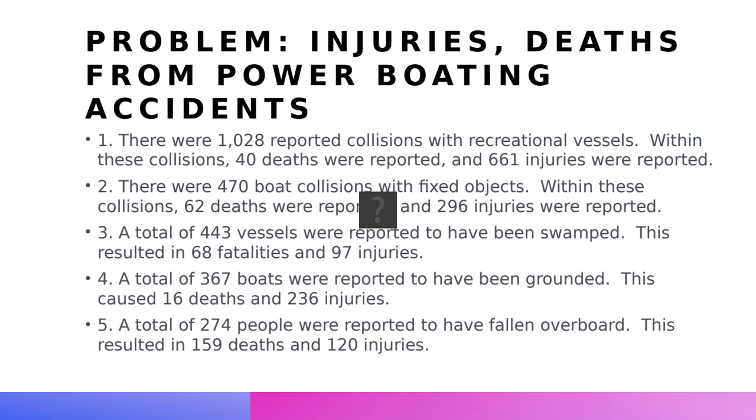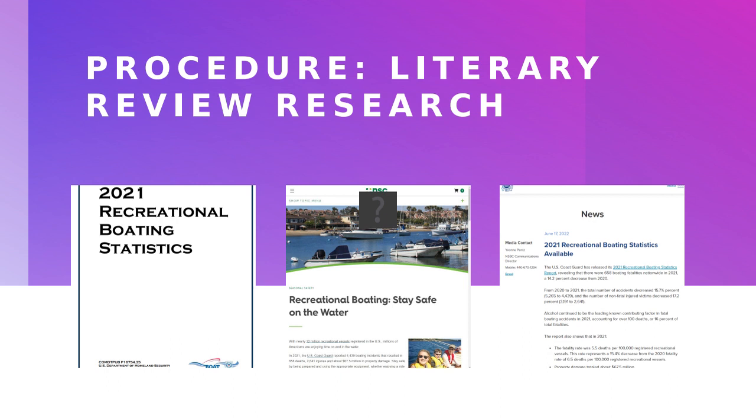And then we go to the next one, which is the procedure. So we've outlined our problem. The procedure is to conduct a literary review research project. And I think I told you guys there's two different kinds of research. There's literary review research, and then there's experimental research.